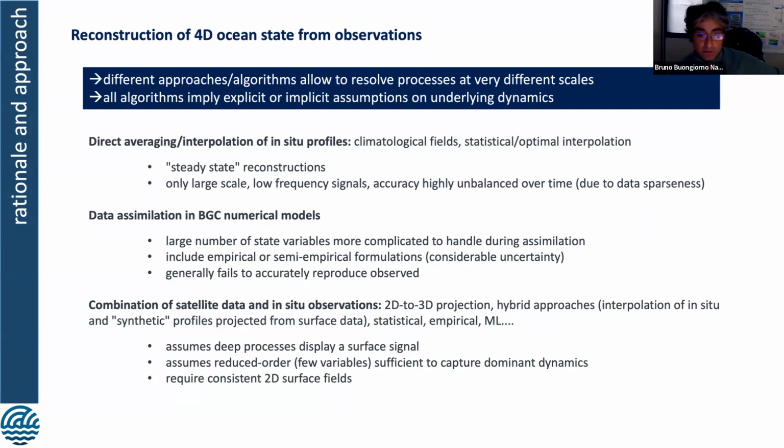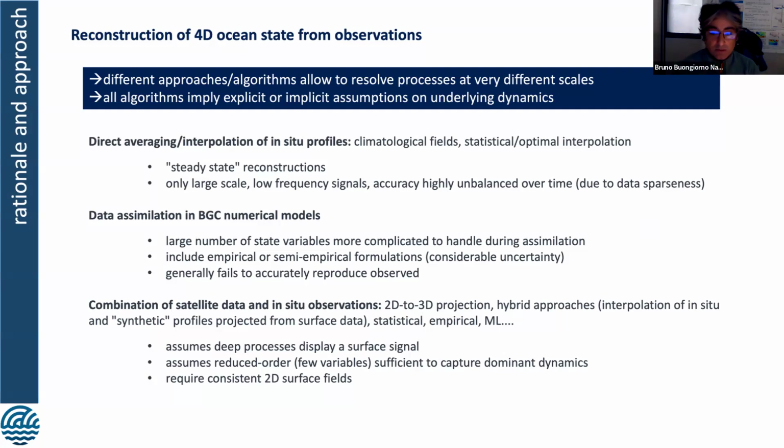The one I will be focusing on today is what we call the 2D to 3D projection. So once we have 2D fields, we want to set up algorithms that are able to project the information we have at the surface to the deeper layers.